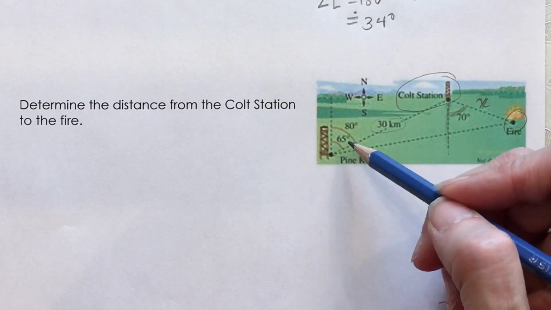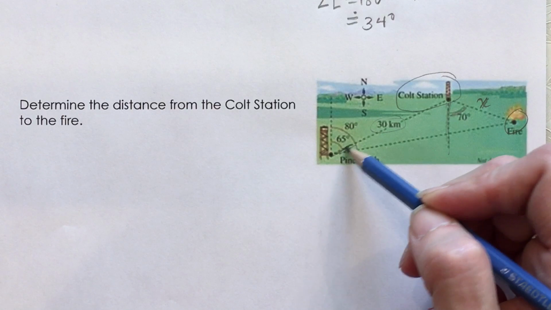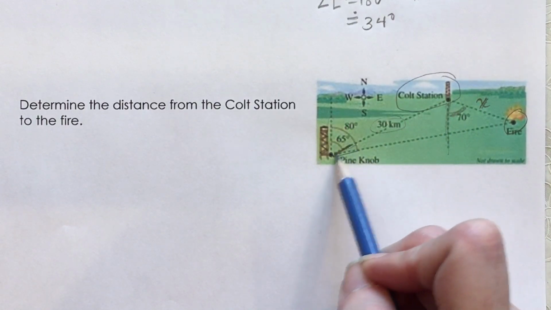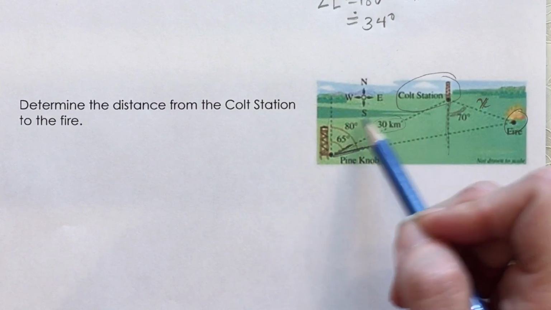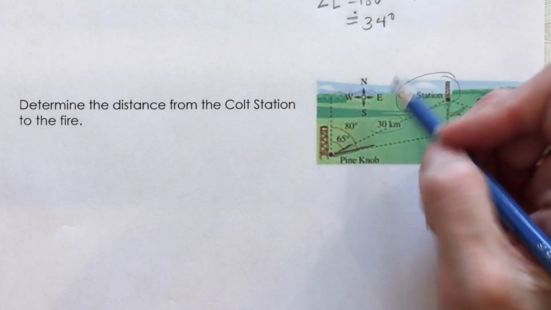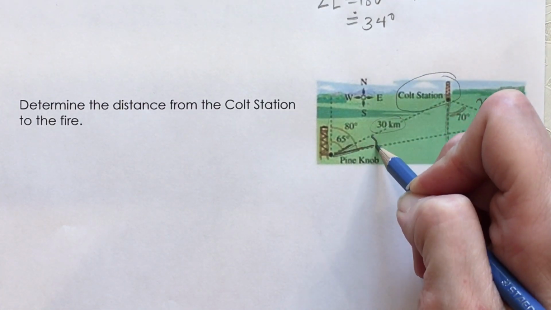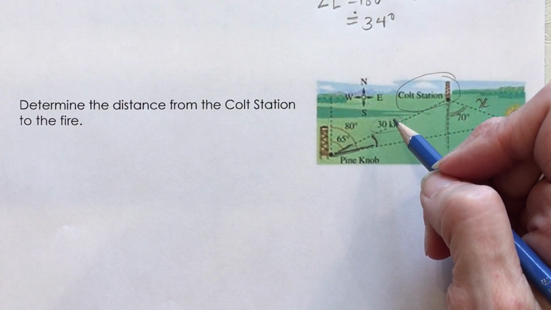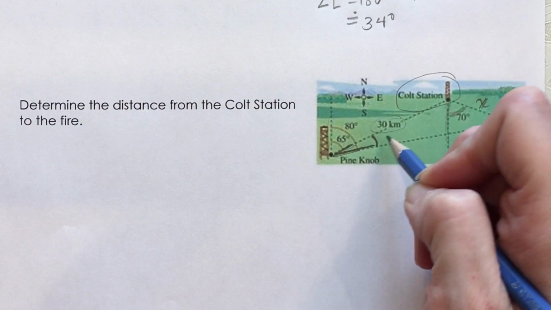Namely that from the tower to our first line of sight here is 65 degrees, and from vertical to our second line of sight is 80 degrees. So that's going to tell us a couple things. First of all, the angle between the two is going to be 80 minus 65, which is 15 degrees.